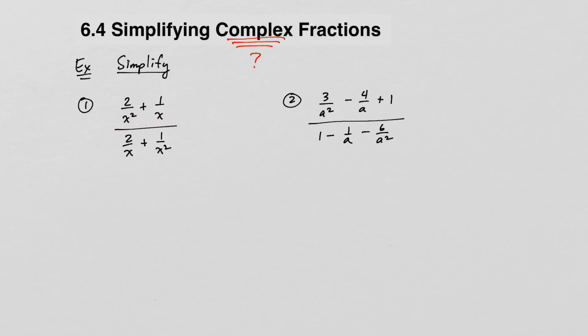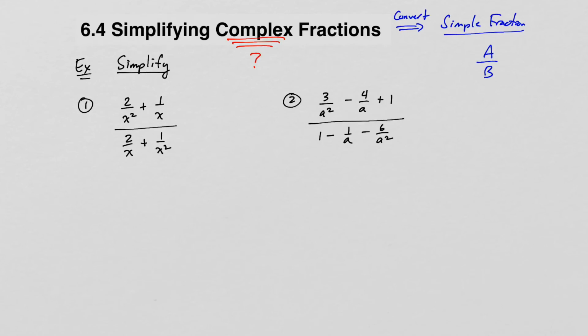And so what we want to do is simplify that by turning the complex fraction into a simple fraction. So what we're trying to do is convert our complex fraction into a simple fraction, which just means a regular fraction. So we want our answer to look something like this, a over b.